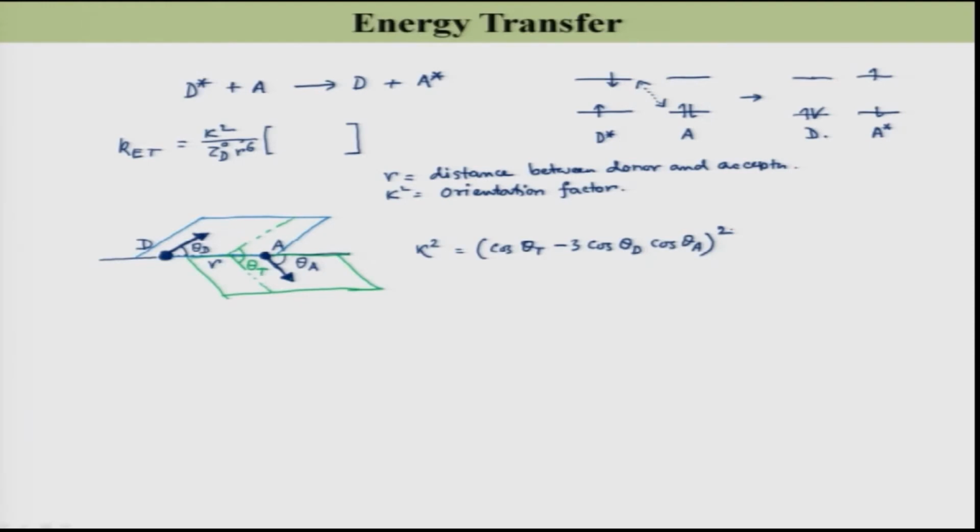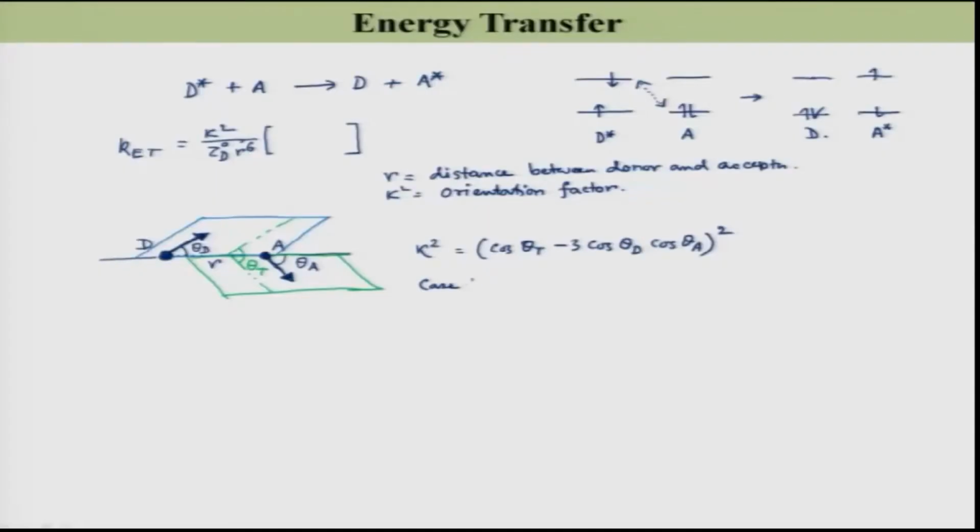Okay, let me give you 3 different examples. Let us say case 1. Let us say this is my donor dipole and this is my acceptor dipole, and the distance between them is r.